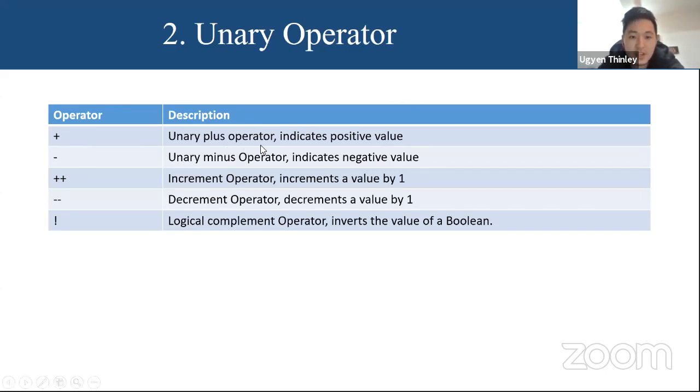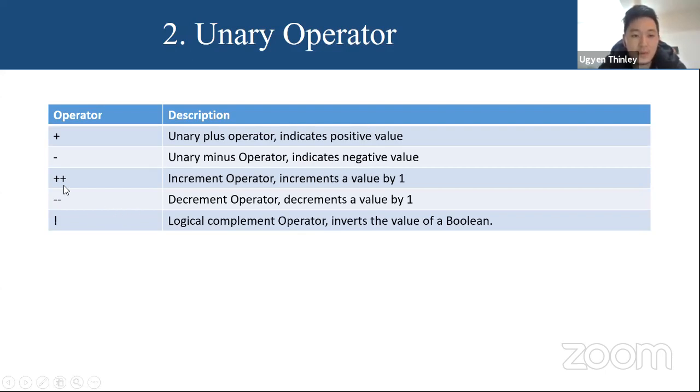Plus operator indicates a positive value. When you have a single operand with a plus operator, that means the value is positive. Similarly, when you have a single operand with the negative operator, that means the value is negative.